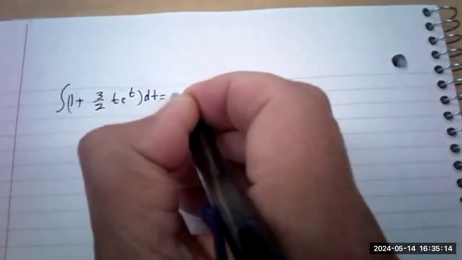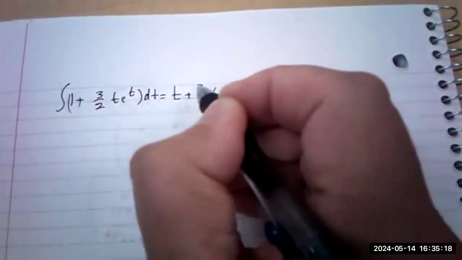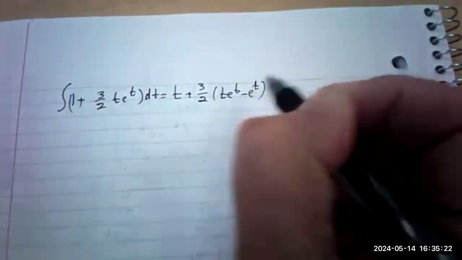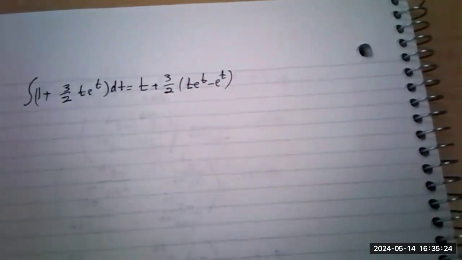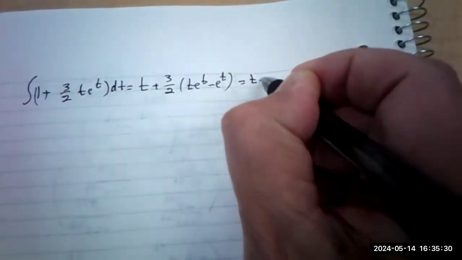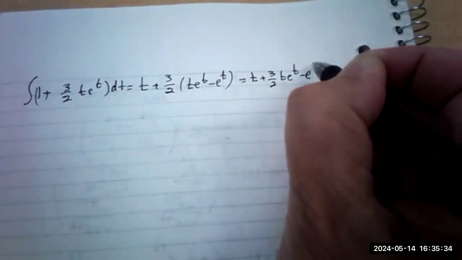That's easy because it's going to be t plus 3/2 times the method, t e to the t minus e to the t. That's a popular method. And so the final answer for this is going to be t plus 3/2 of t e to the t minus e to the t.